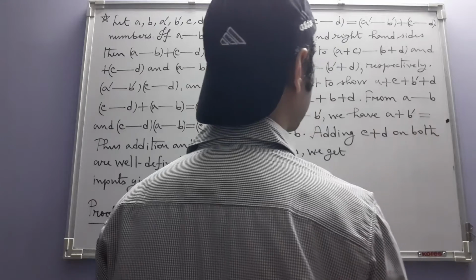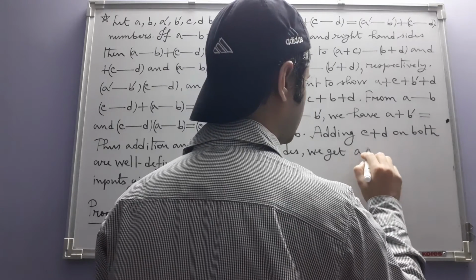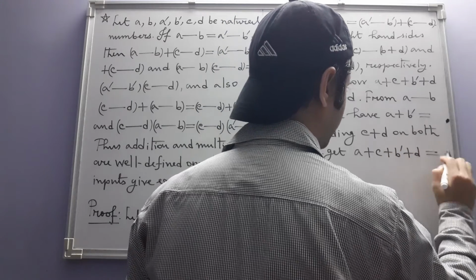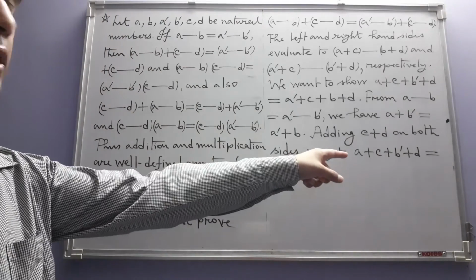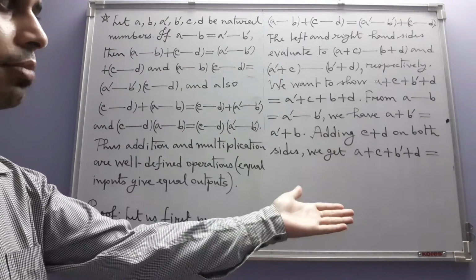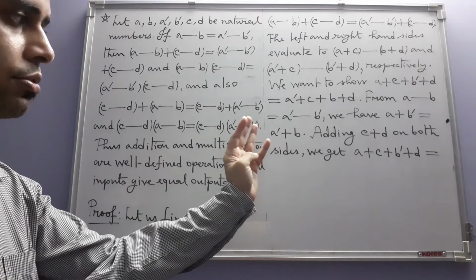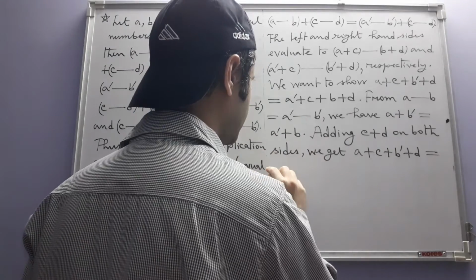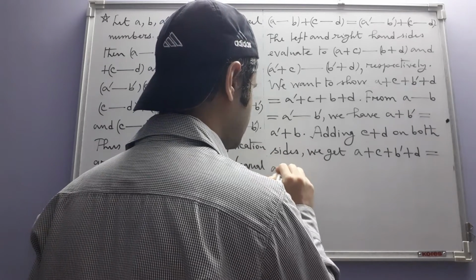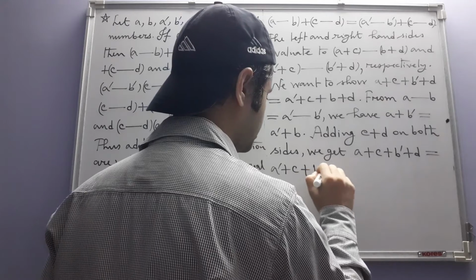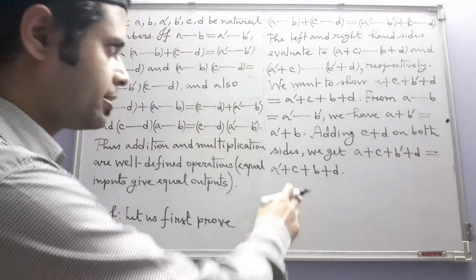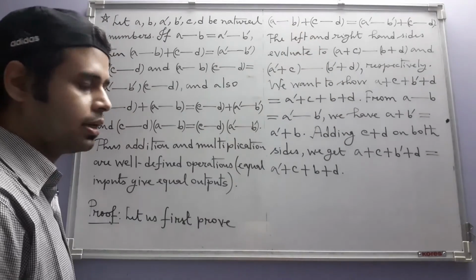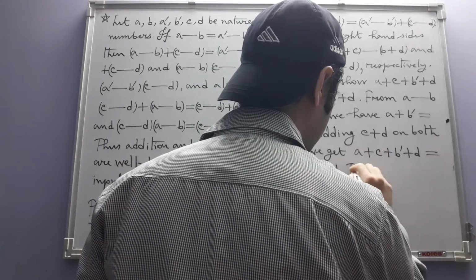Instead of writing a plus b prime, we write a plus c plus b prime plus d, and we are allowed to do so because in the system of natural numbers we have all the properties available to us. Addition is commutative, associative, all those things are already there. And on this side we can write a prime plus c plus b plus d. So that's what we wanted to prove. From here we can do back calculation and we will end up here. This proves it.